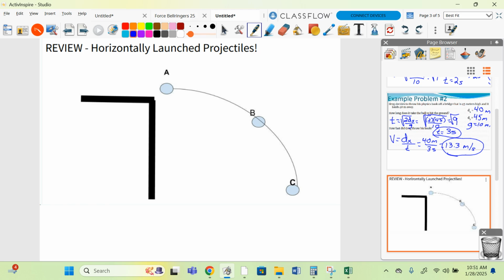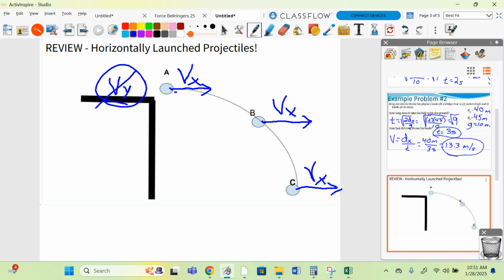Just reviewing with horizontally launched projectiles. Whenever something is up here at the top, all I have is Vx. Vx stays the same the whole time. Up here, there is no Vy. All of it is horizontal.